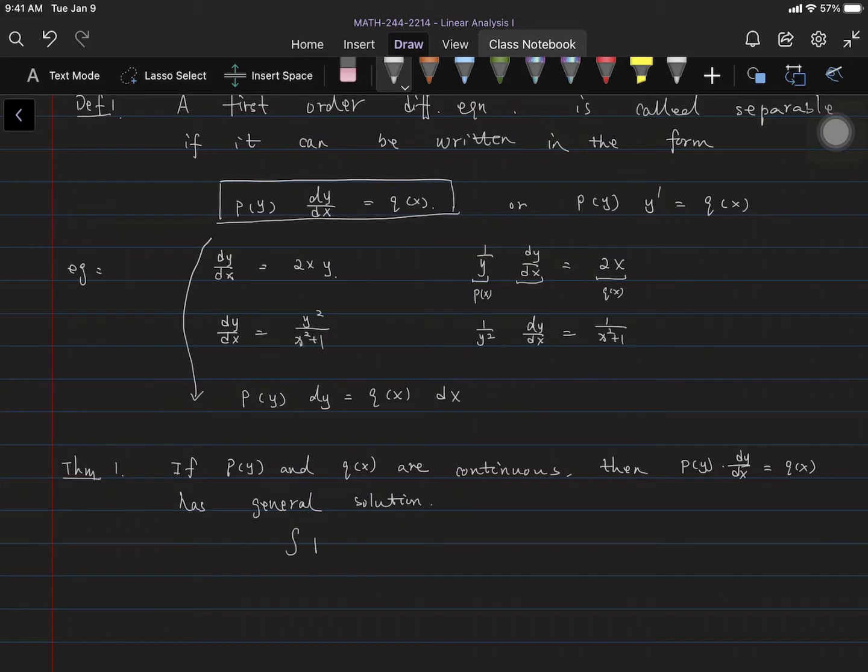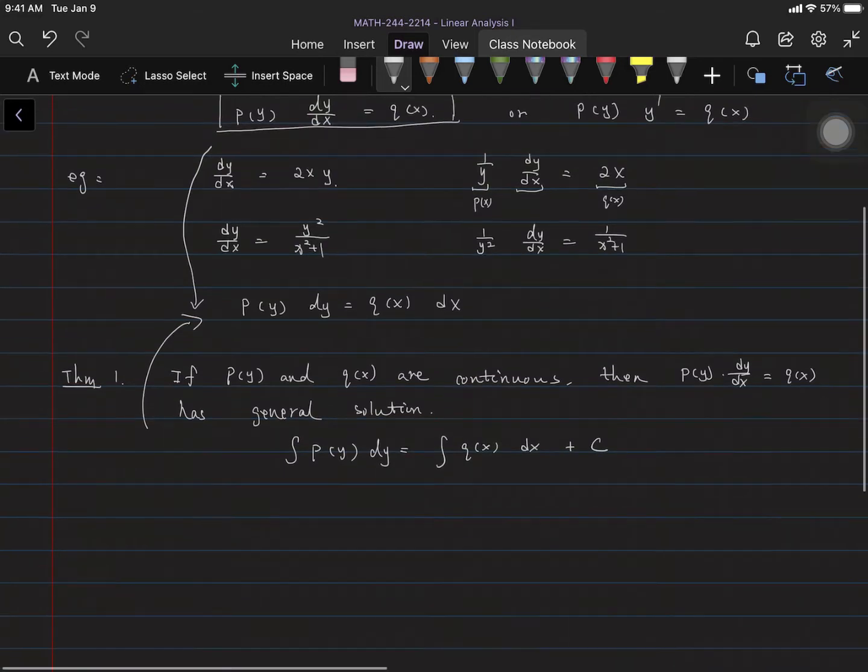The general solution is the integral of p(y) dy equals the integral of q(x) dx plus c, because it's a general solution, so we add c, right?